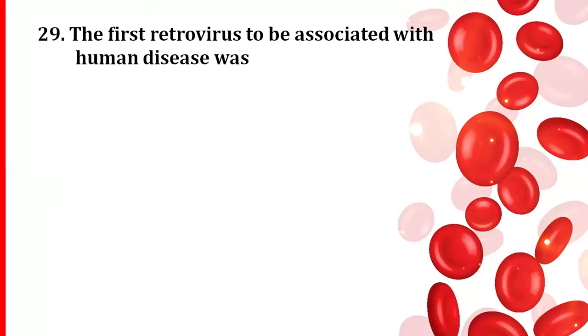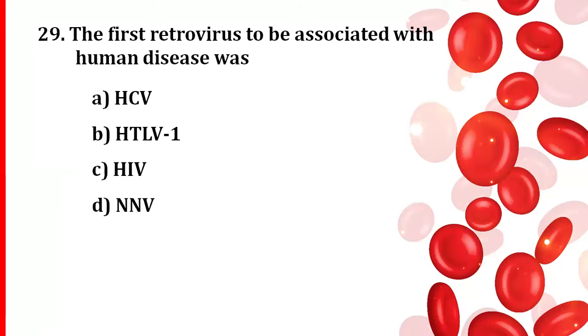Next question. The first retrovirus to be associated with human disease was option A, HCV, option B, HTLV1, option C, HIV, option D, NNV. What is HCV? That is hepatitis C virus. What is HTLV1?